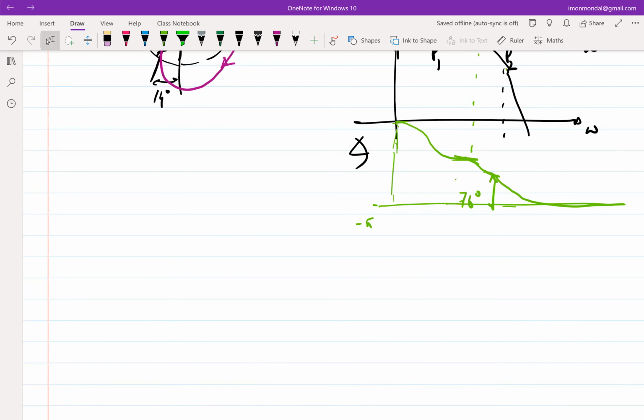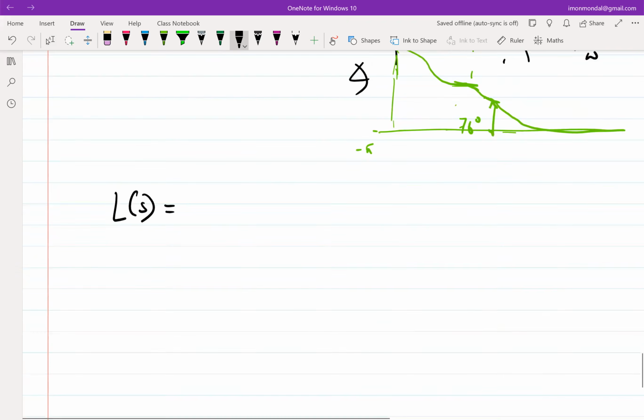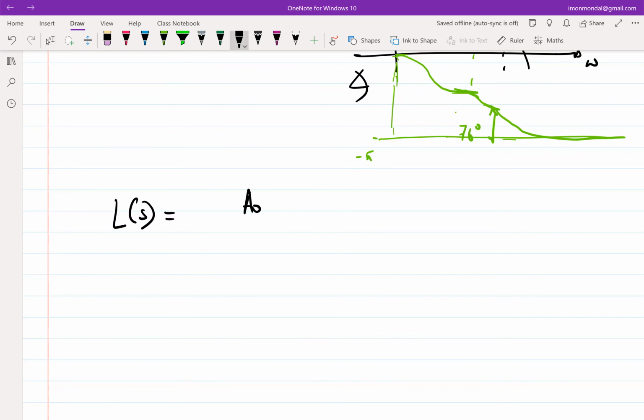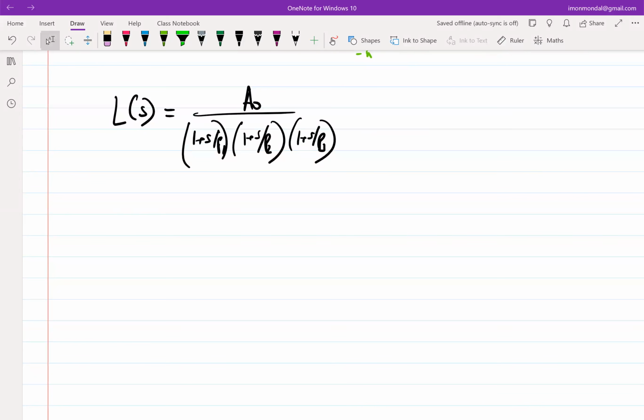So again, what I'm essentially saying is, let's say your L of S is a third order system, where it is 1 plus S by P1, 1 plus S by P2, 1 plus S by P3. And we want the system to be not only stable, but stable enough, that is, it doesn't ring and all.